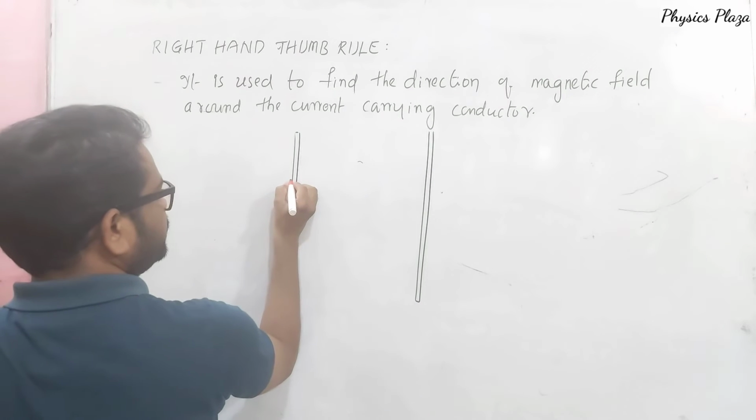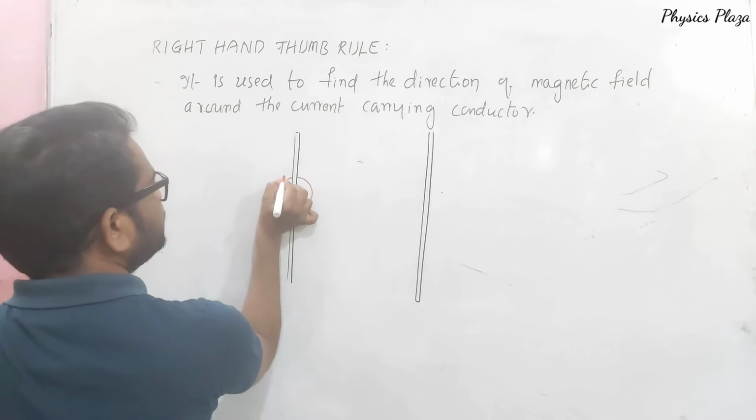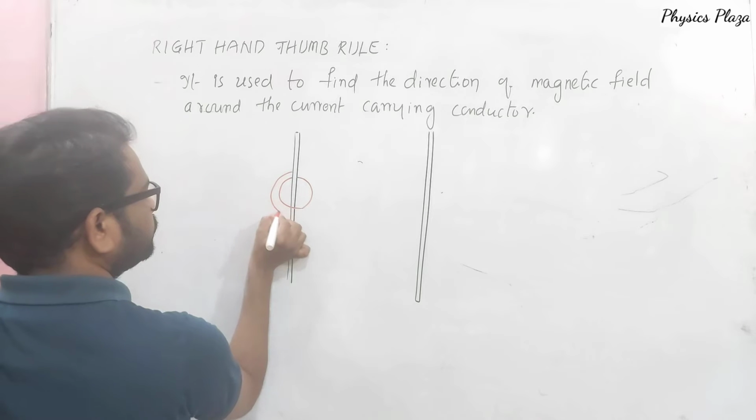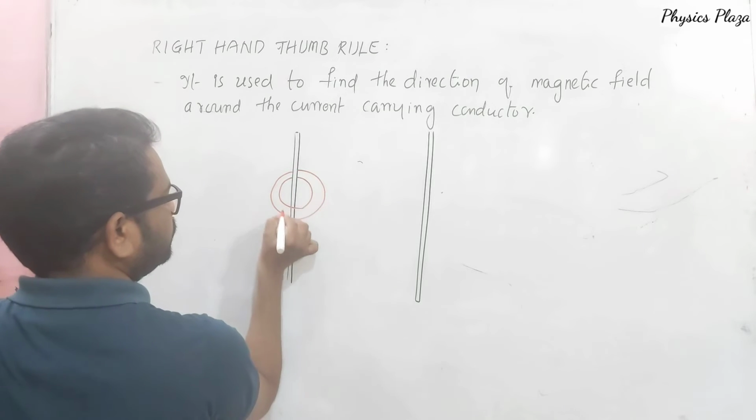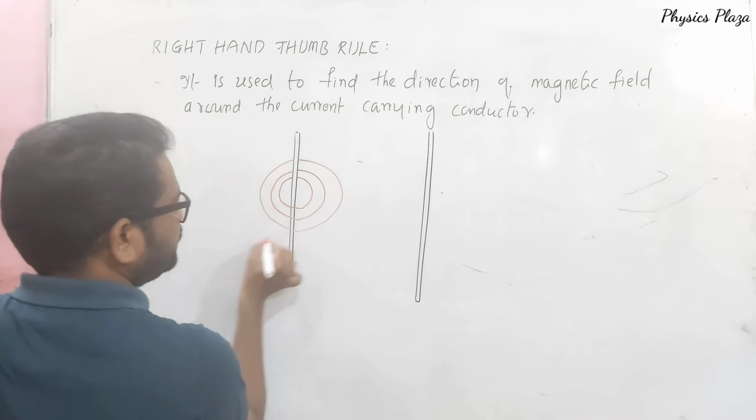So children, first here, to get that 3D field, I drew 3 magnetic field lines.